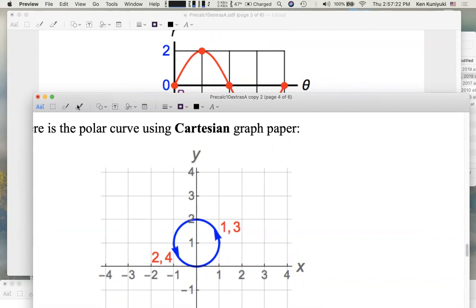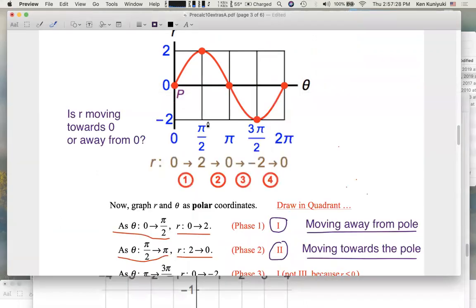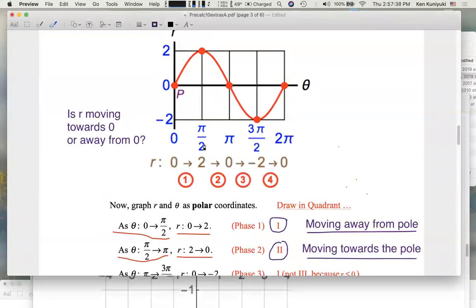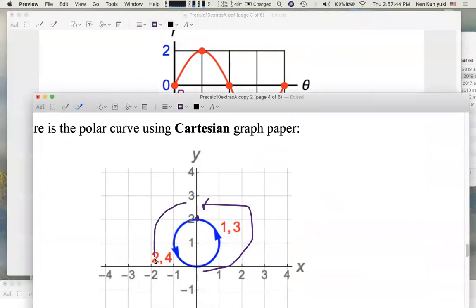We move away from the pole until when theta is pi over 2, r equals 2. So we're at this point here, the North Pole. And then as theta moves from pi over 2 to pi, r decreases from 2 to 0. We're moving towards the pole through quadrant 2.